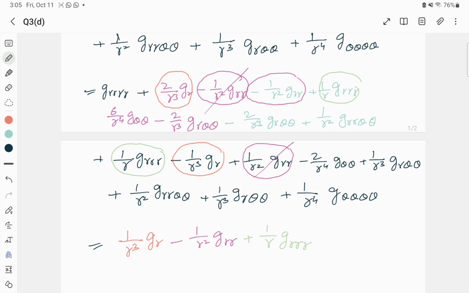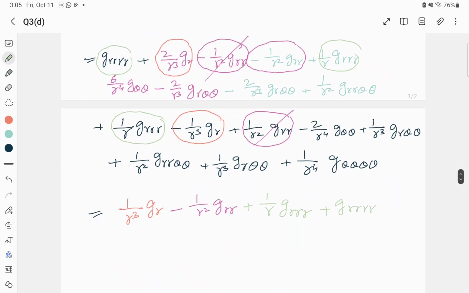Now let's look if there are terms with g with r 4 times, and that seems only a single term, the first one, this one. So that term will be g r r r r. Okay, so we have arranged in a way that this is g r, then g double r, then g triple r, then g tetra r.